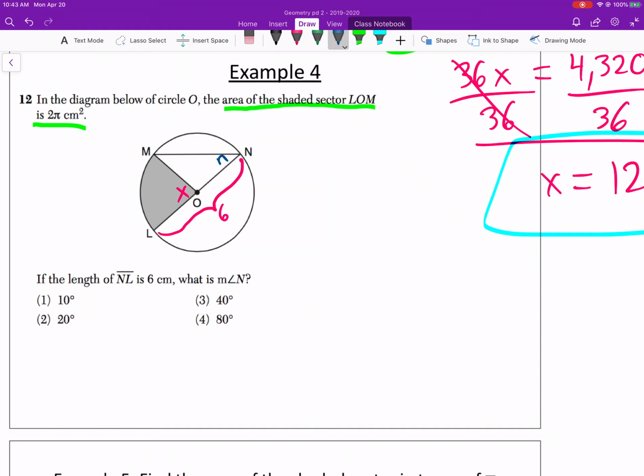That's what we're looking for. We have the area, which they told us, and we need the radius. Be careful, don't use 6. We have a radius of 3, half of 6.